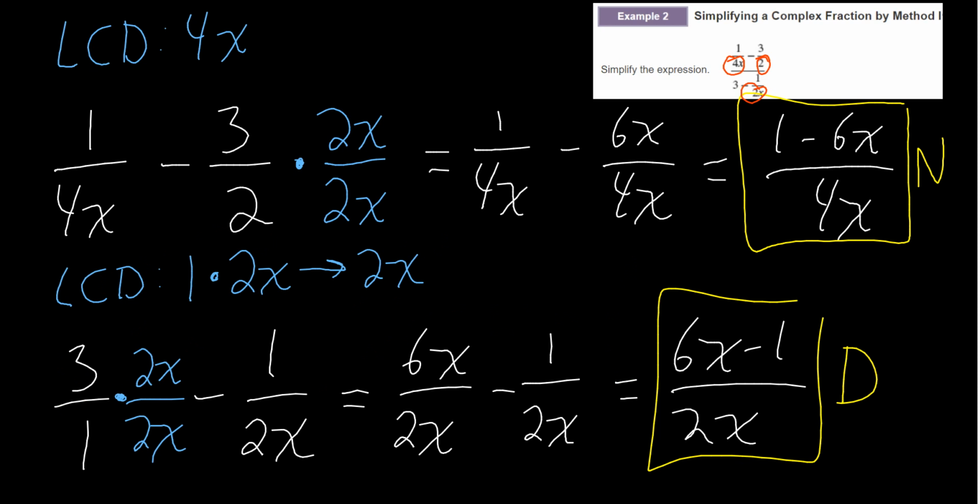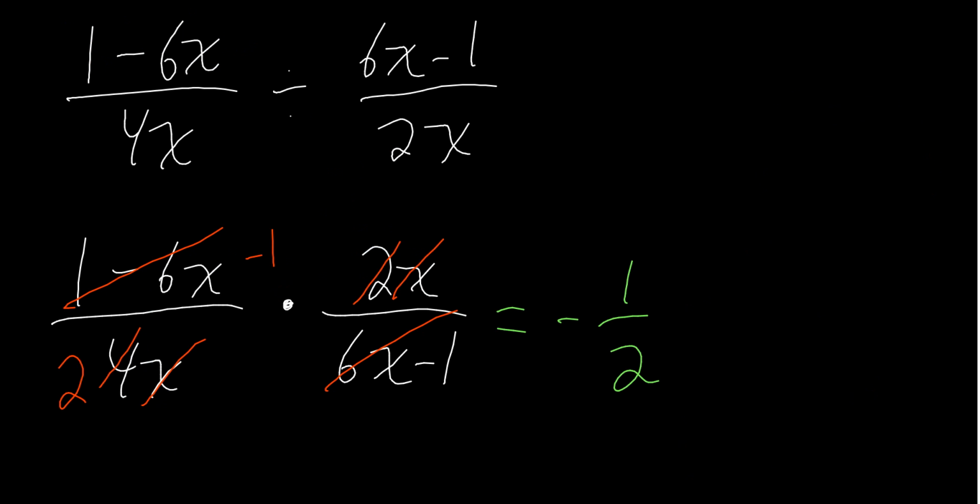Because 4x obviously goes into 4x. 2, I multiply by 2x to get to 4x. And obviously 3 is whatever, I can multiply that by whatever. And then 1 over 2x, I can multiply that by a 2 to get to 4x as well. So it actually isn't so bad. And honestly, this would be my preferred method as opposed to doing things individually.